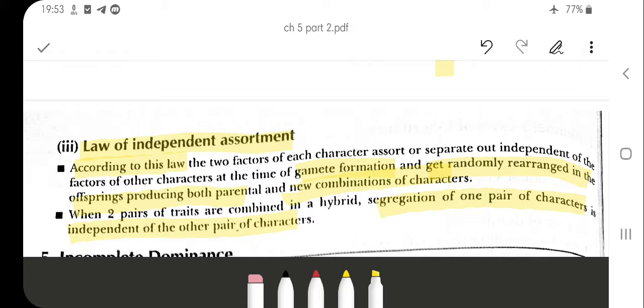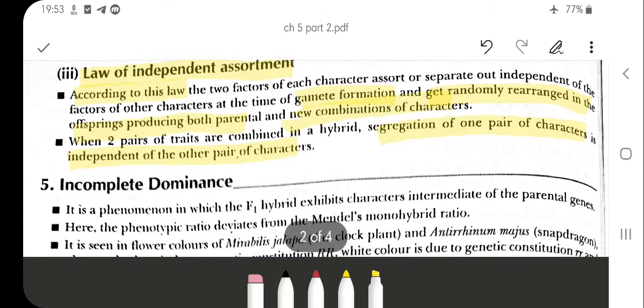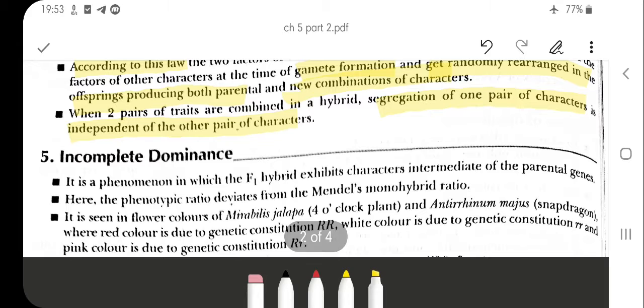Now we are going to discuss some phenomena which do not obey Mendel's law, or which deviate a little bit from Mendel's law of the monohybrid ratio. The first such phenomenon is incomplete dominance. So what is incomplete dominance?